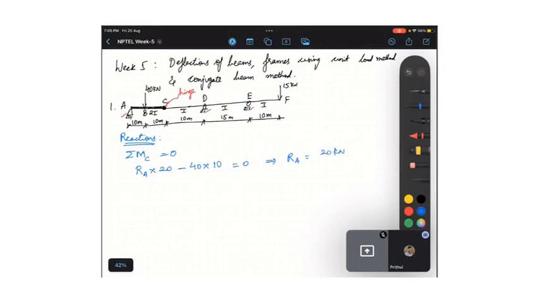Next, we have RE. Instead, we can directly take moment about D, that is 0.